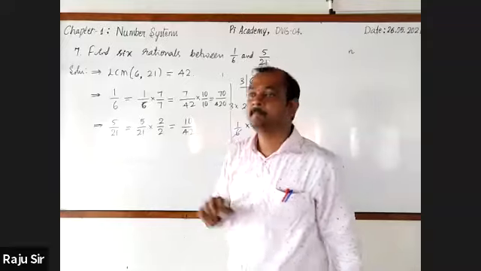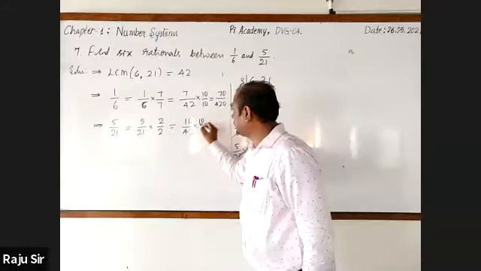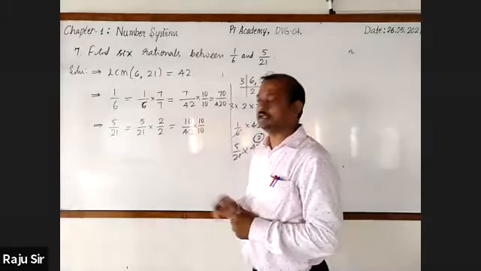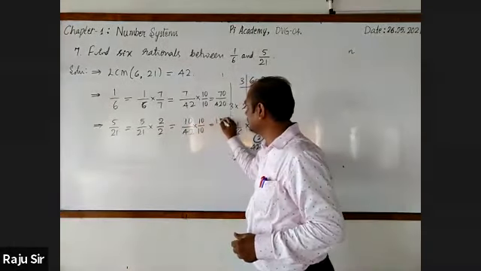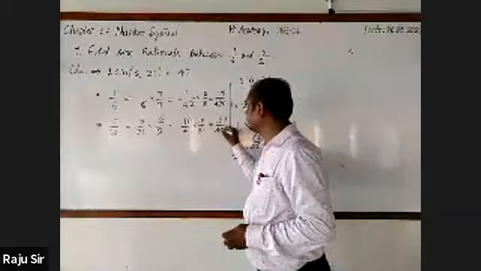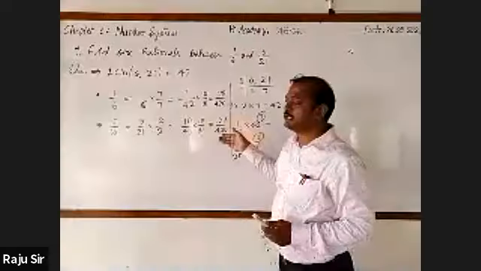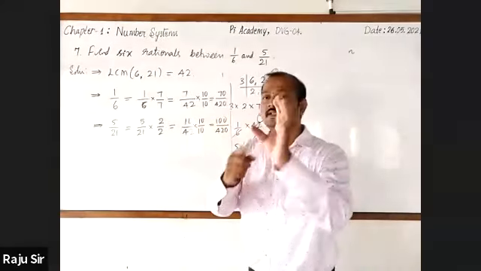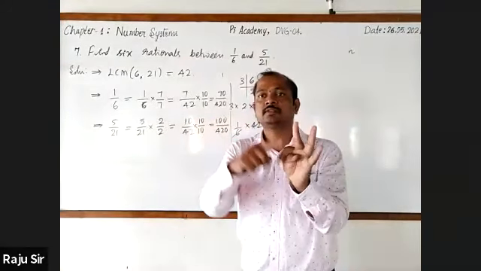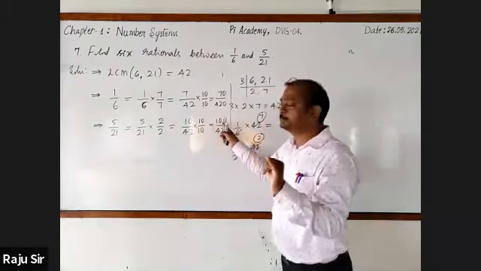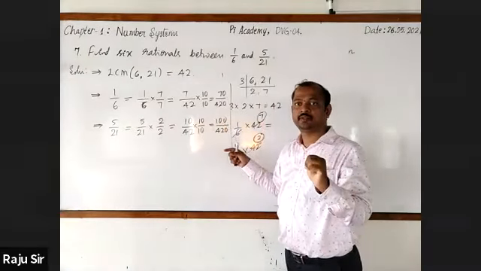Similarly here also, multiply 10 to the numerator and 10 to the denominator. 10 tens are 100, 42 tens are 420. Now look here, 7 by 420 and 100 by 420. Between these two, many are there, like 71 by 420, 72, 73, 74, up to 99.